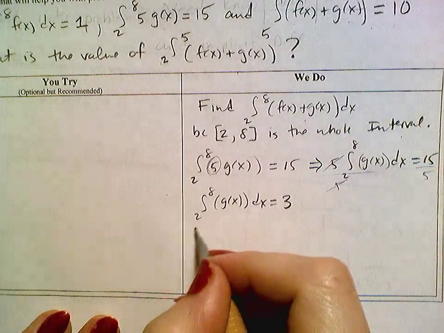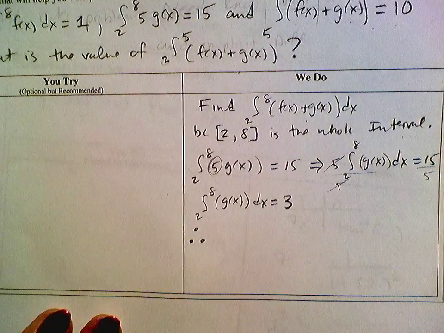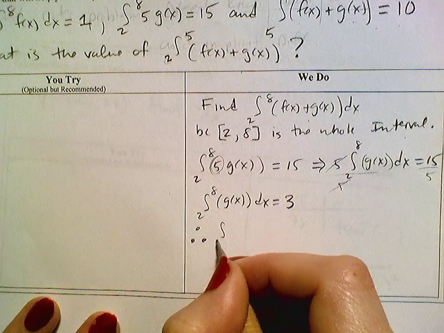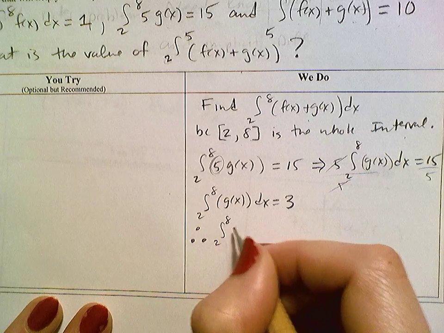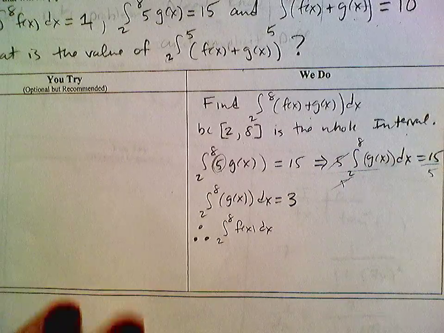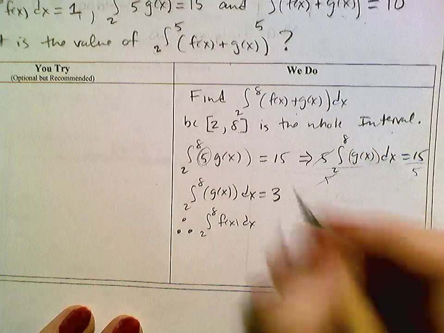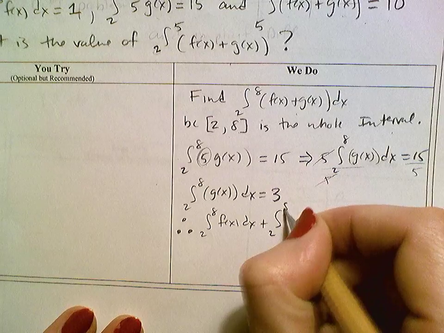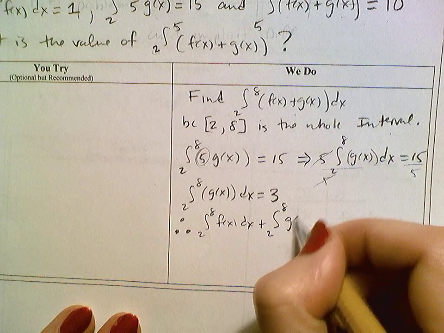Okay, so you could say, therefore, the integral from 2 to 8, I'm going to stop using so many parentheses inside. I like the parentheses because I think it makes the whole input thing more explicit, but sometimes it's a lot to write.